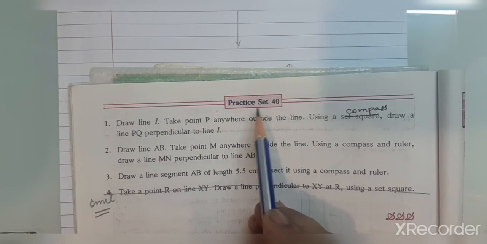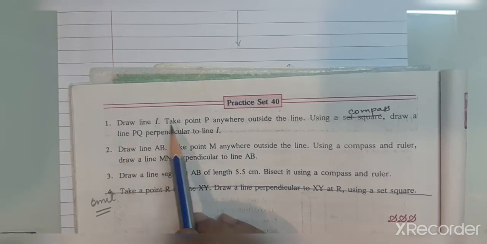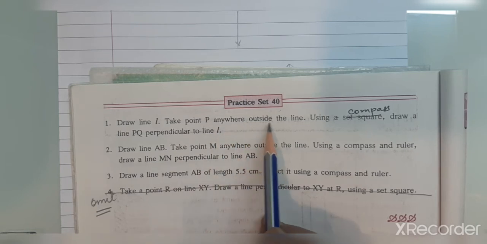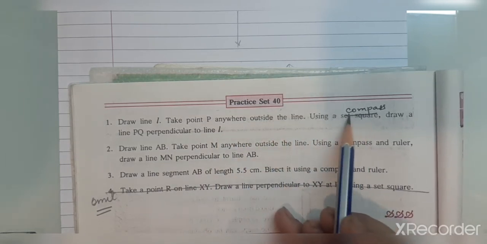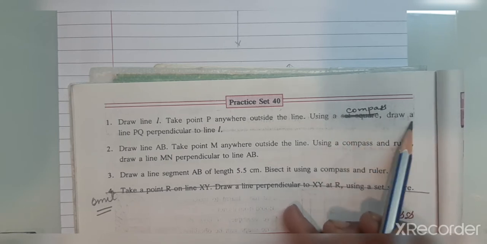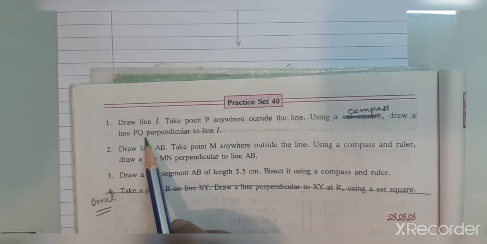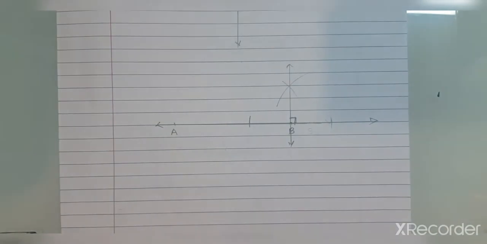So in this practice set 40, draw line L, take point P anywhere outside the line. Using a compass, set square is there, we have to cancel that set square. Using a compass, draw a line PQ perpendicular to line L. So we begin.